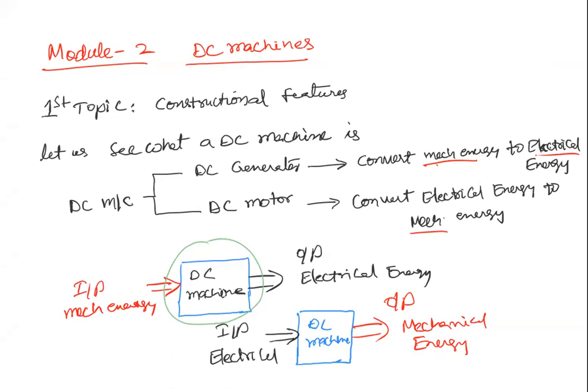So that's why it is very important to understand what the constructional features of a DC machine are, or what the main parts of a DC machine are, right? So let's see the main parts of a DC machine.